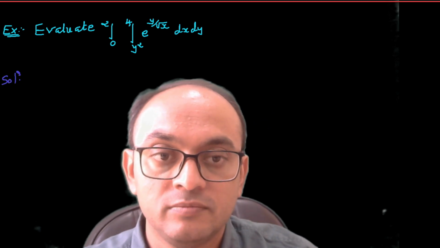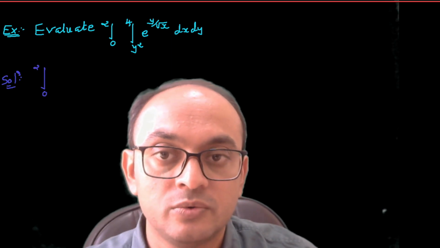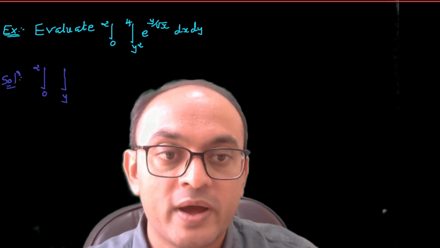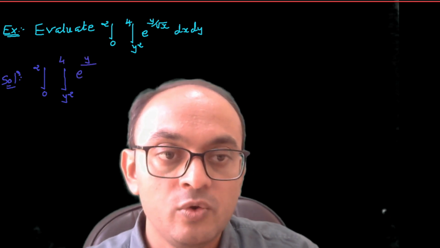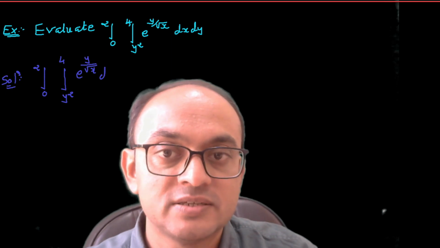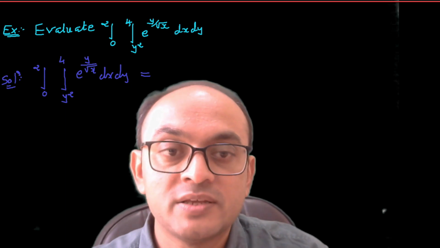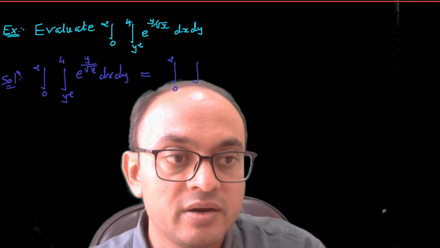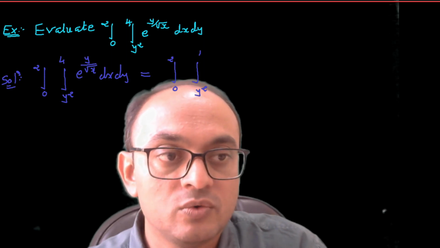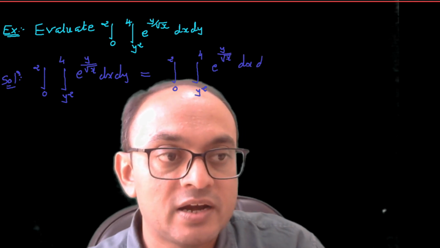So the solution, I am starting with integration over 0 to 2, integration over y square to 4, e raised to y upon root x dx dy, which is equal to, I always mention the limits first, which are the limits of x, which are the limits of y, square to 4 e raised to y upon root x, this is dx and this is dy.